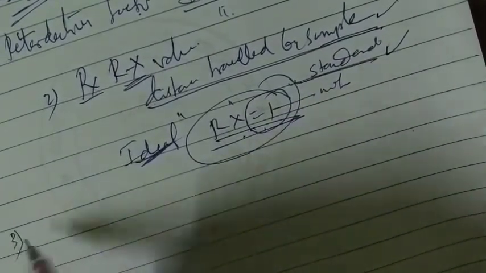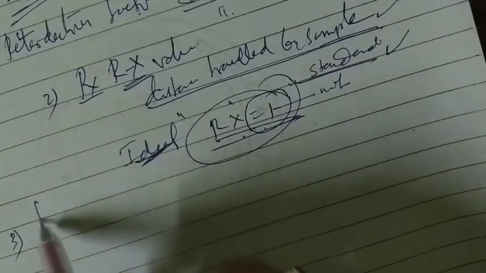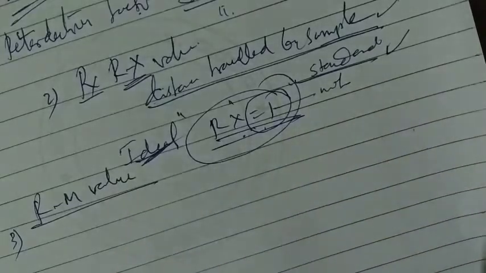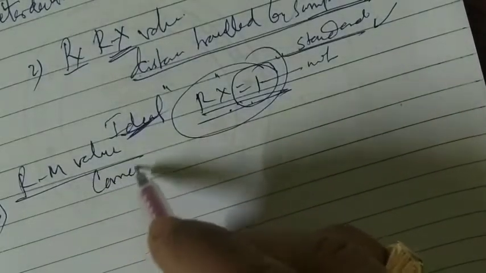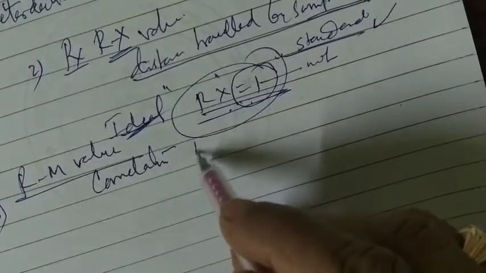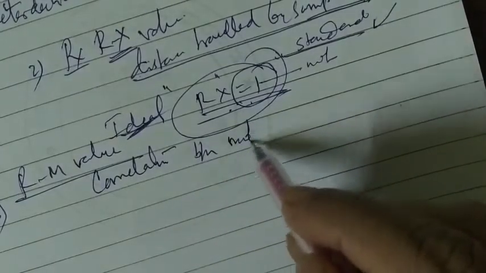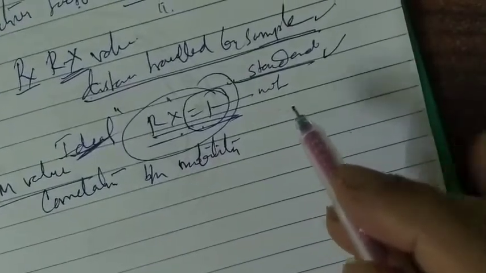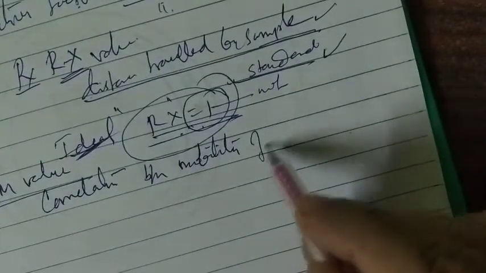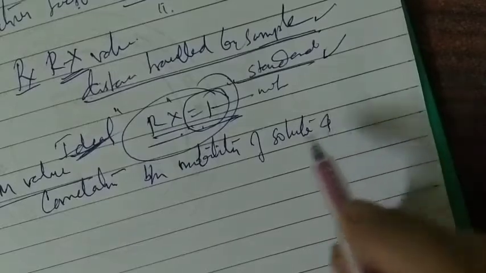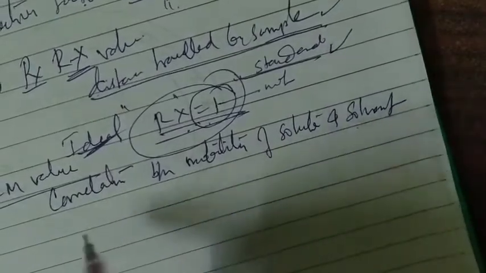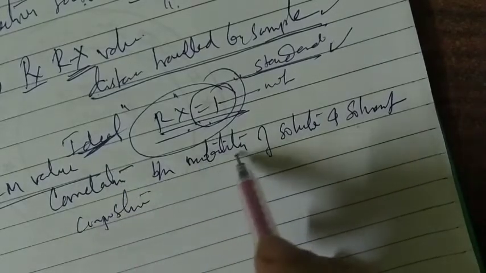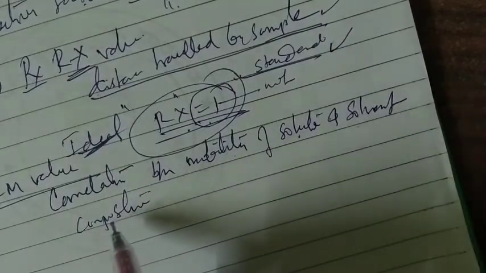The third term is the RM value. What is this RM value? It is the correlation between the mobility of solute and solvent composition.